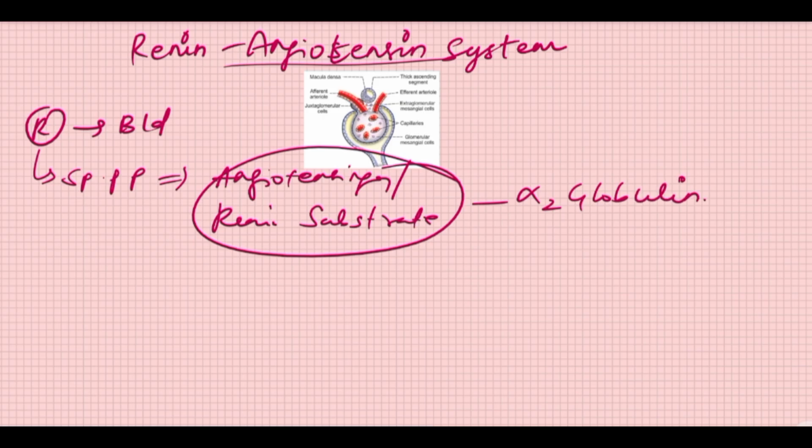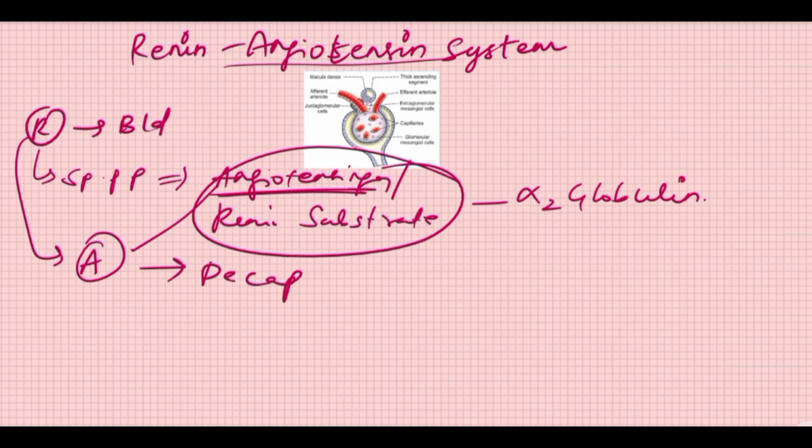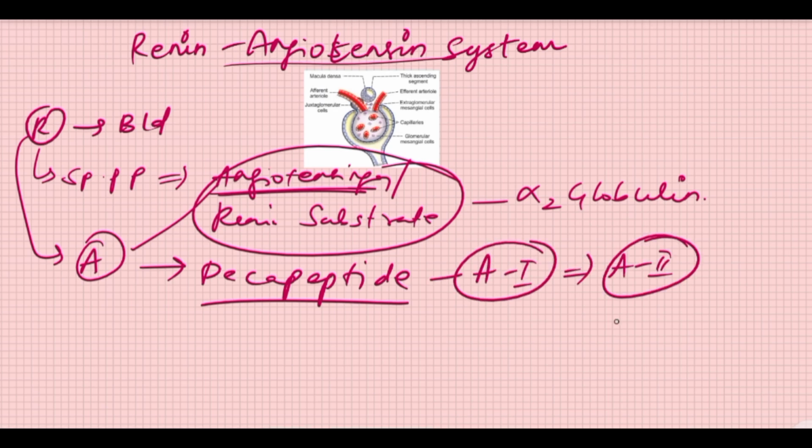By the activity of renin, the angiotensinogen is converted into a decapeptide called angiotensin 1, which is converted into angiotensin 2, which is also called the octapeptide.